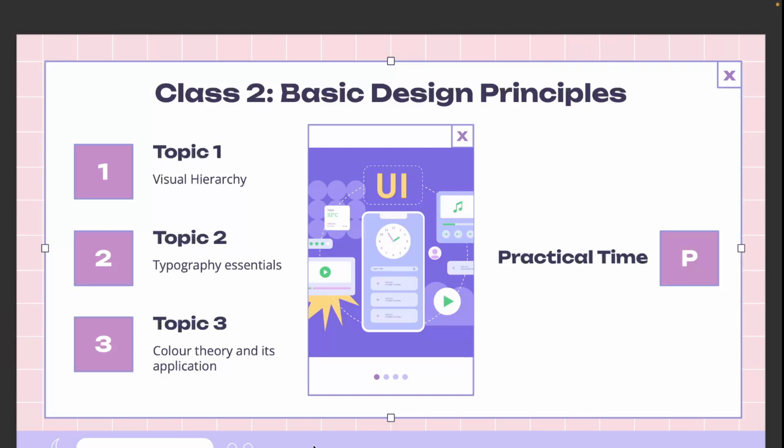The special reason why I've given these names is that these are the theoretical terms used in design. When you appear for an interview, they'll just ask you, talk about visual hierarchy. Trust me, you would already know what a visual hierarchy is. If you've been working on UI UX for 1 to 2 months, you would have come across all of that, but you would not know the technical term for it.